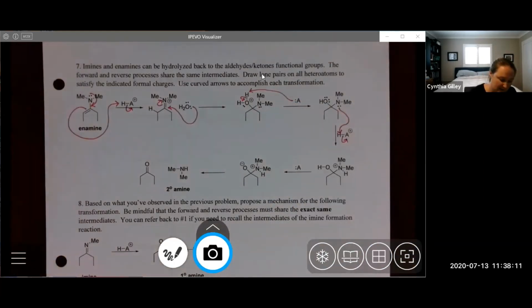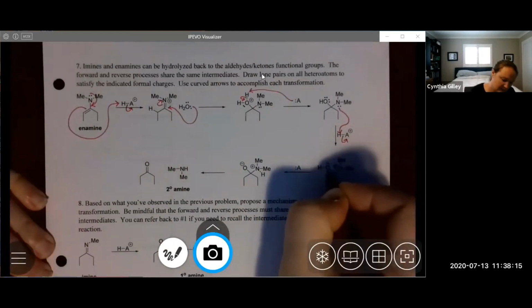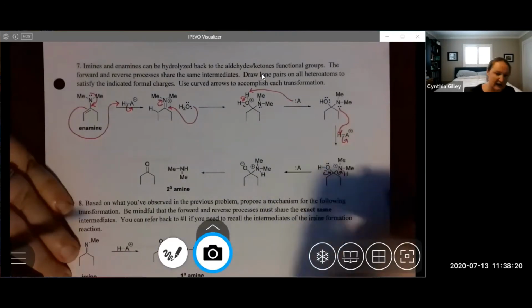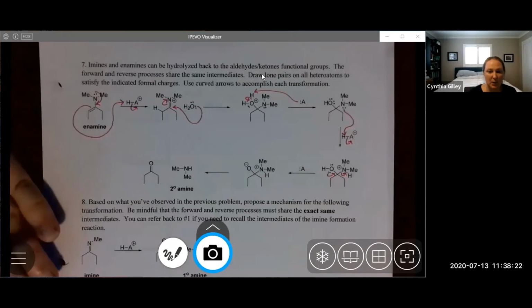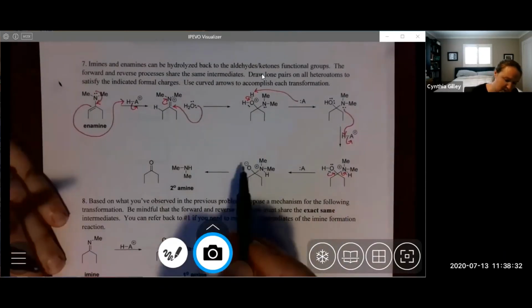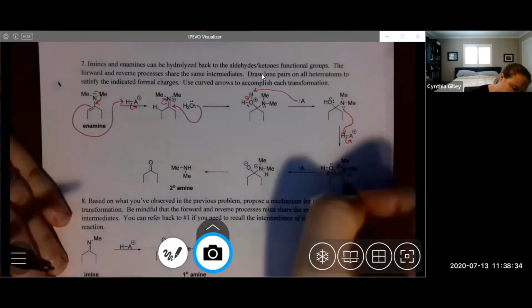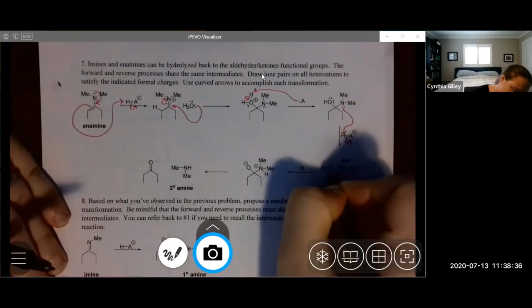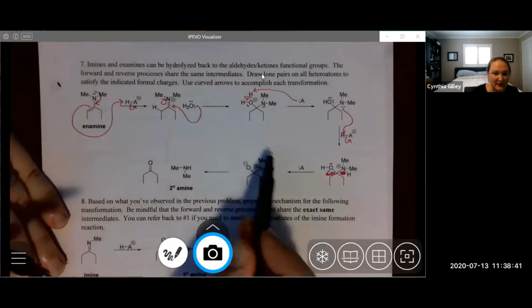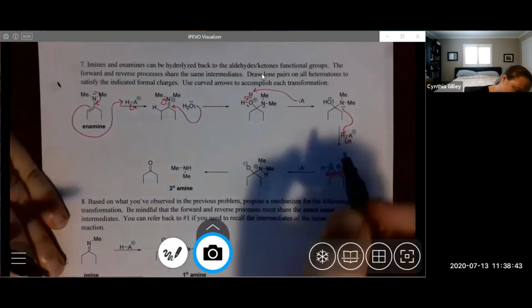And now we have a good leaving group over here, which we can have leave. So instead of kicking out the water, we're kicking out an amine. Oh, sorry, I'm not doing this properly. I should be deprotonating this first. In order to form the same intermediate that we did in the forward direction, first we deprotonate.